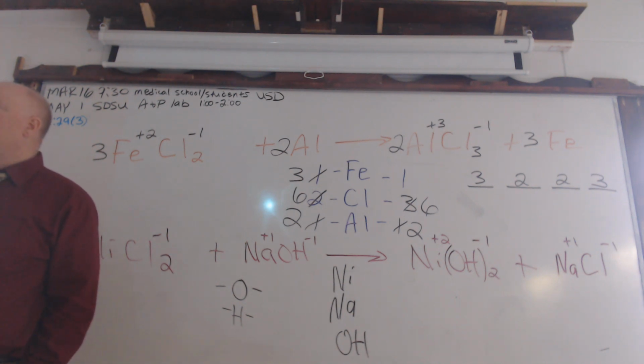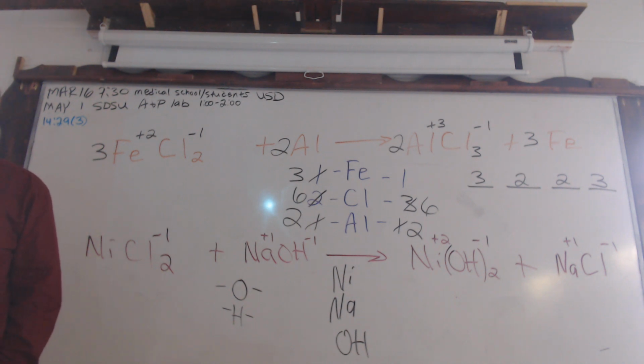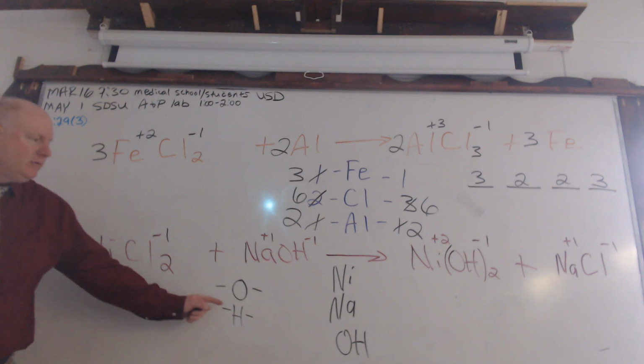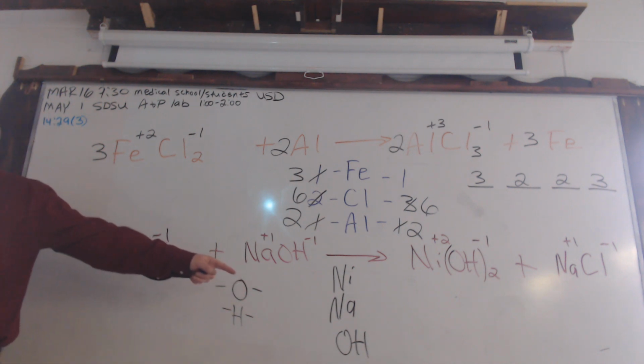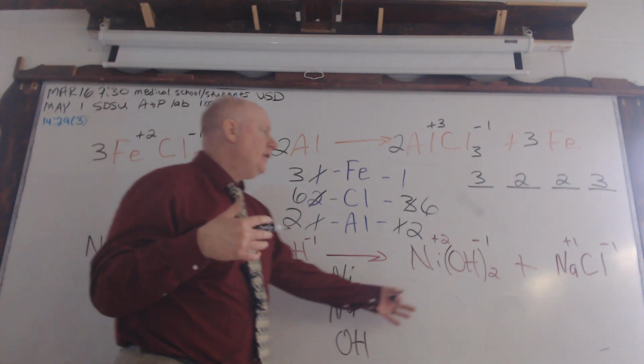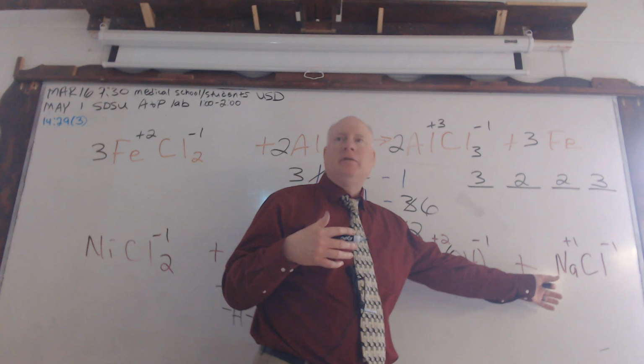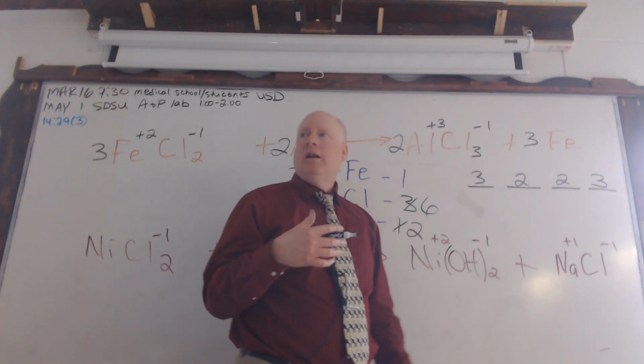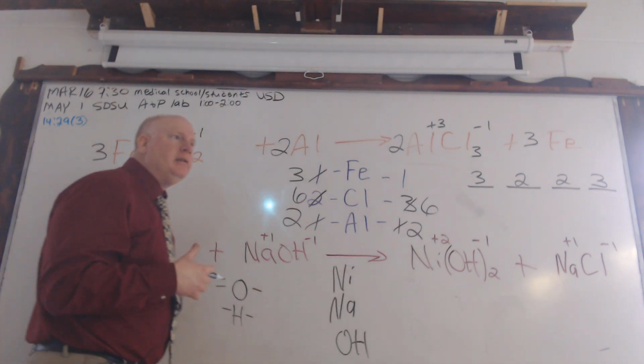Does that make sense to you? You can split them up, or you can keep it together. Why would you want to split it up? Sometimes you have to. Because if you don't have a hydroxide on this side, then you have to split them up. It doesn't happen all the time, but it can.